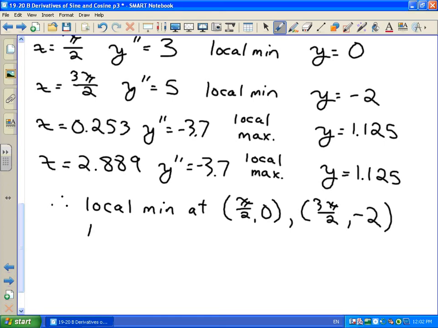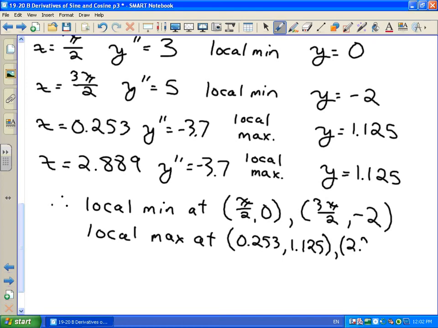And we have two local maxima at, and then just put in our approximate values here, 0.253, 1.125, and 2.889, 1.125. And I don't have room for the 5. Okay. And that's what they were asking us for, the local max and the local min. Okay, so we're done.